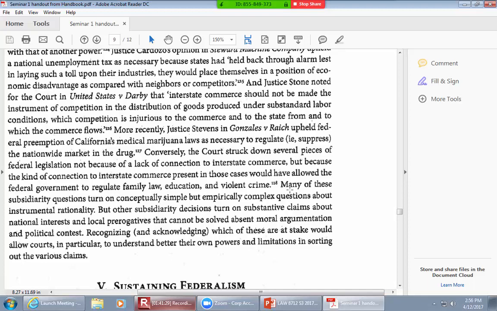So that's simple. But when it comes to the questions themselves, because of the difficulties we talked about, especially externalities and the politics, it says empirically, these are complex questions about instrumental rationality.